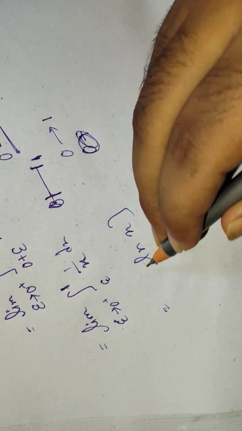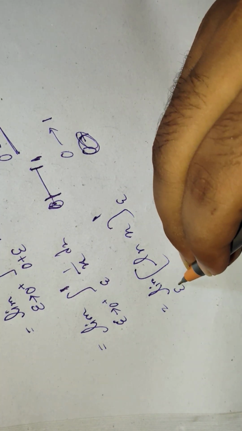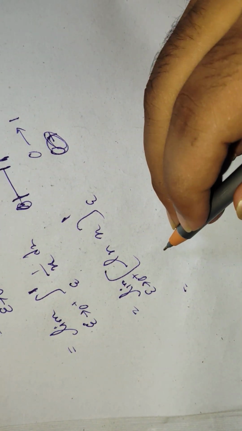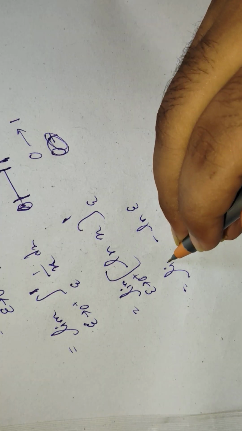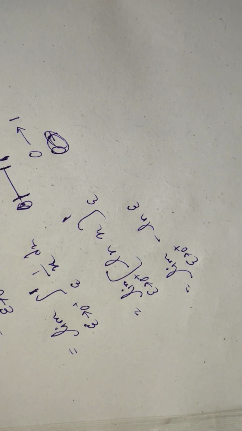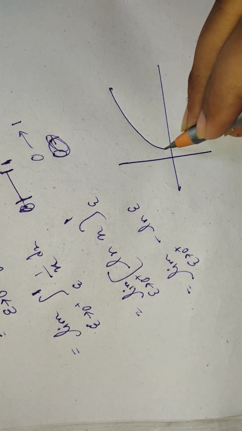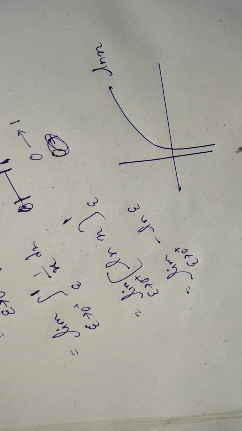Basically, this is the limit as epsilon tends to 0 positive of ln 1, which is 0, minus ln epsilon. Now we are talking about 0 positive, so let's look at the graph of ln x. The graph of ln x looks something like this.